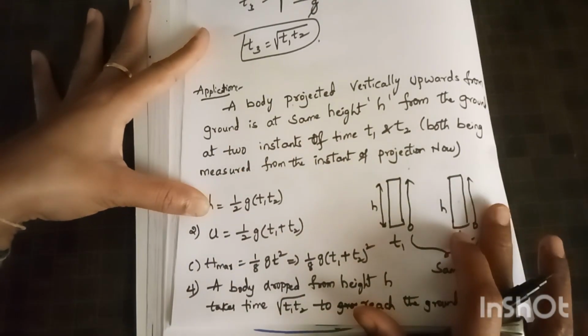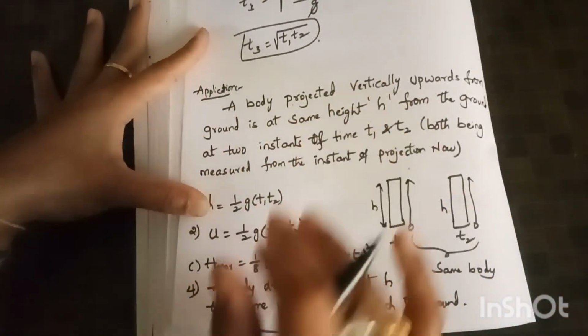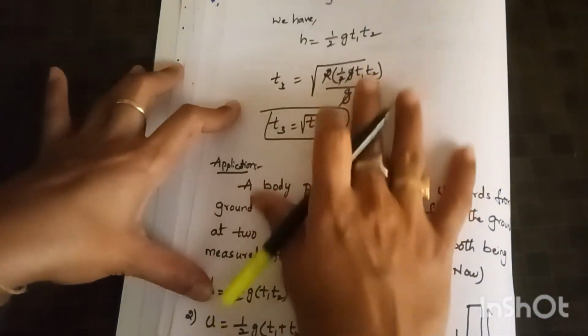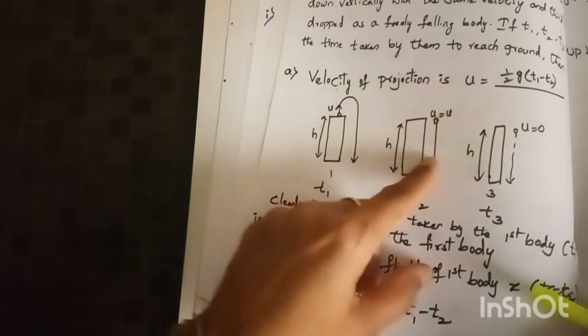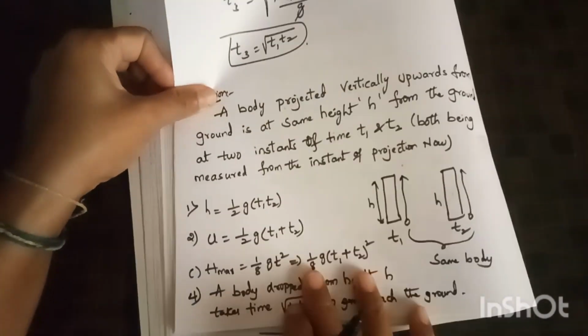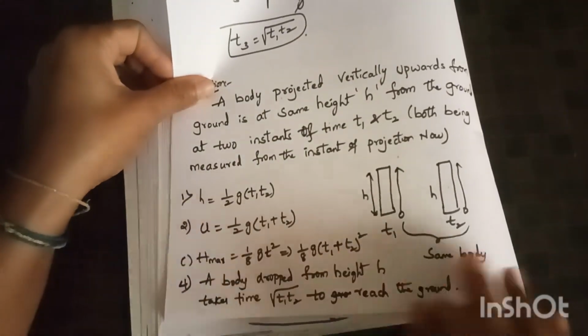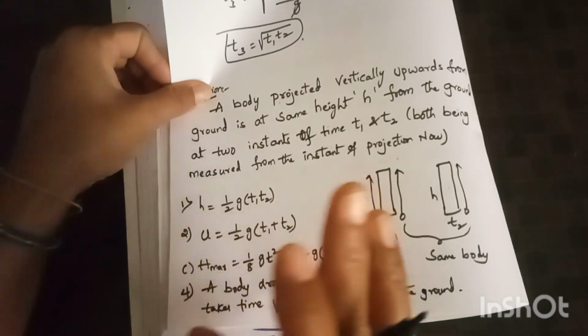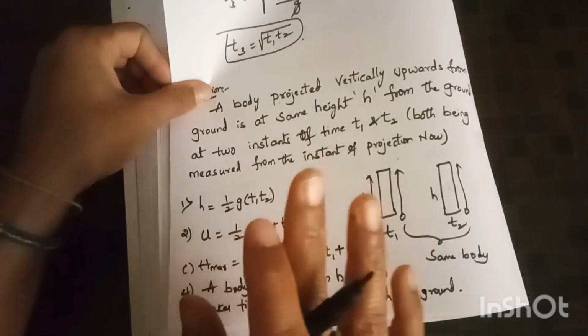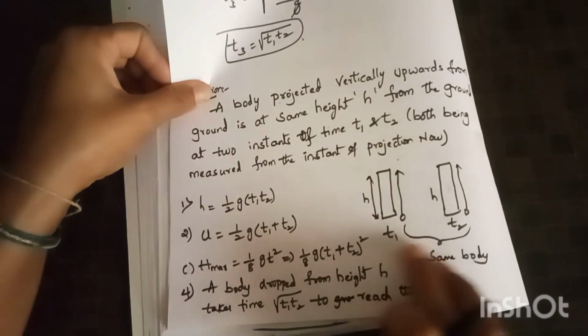Based on this concept, I found some terms similar to the ones we have discussed, where one body is projected vertically upward from the top of the tower, thrown downward, and freely falling. The equations will be a little similar to those. Same bodies are projected from the ground with the same heights but different times.